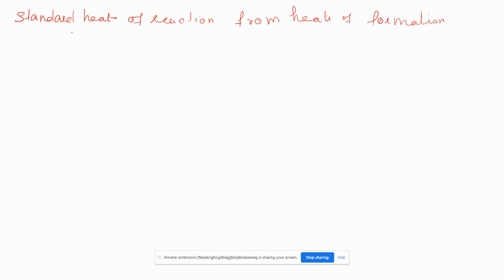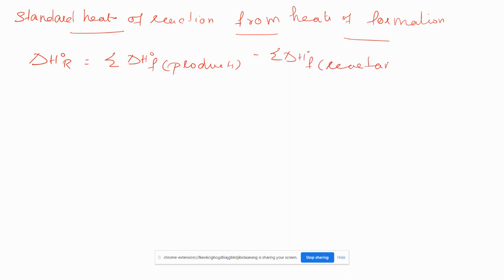Okay, the standard heat of reaction, that is del H0 R, is defined as the summation of standard heat of formation of products minus standard heat of formation of reactants. So this is called the standard heat of reaction.